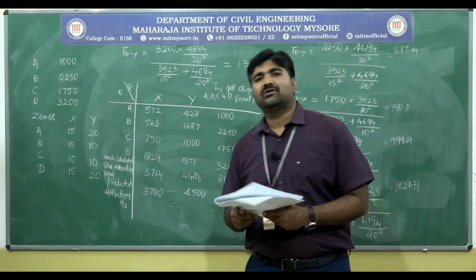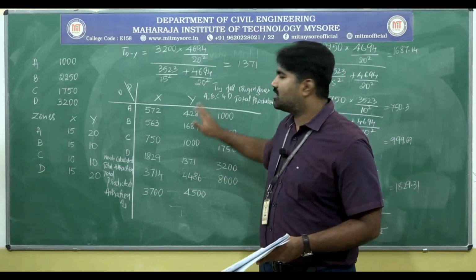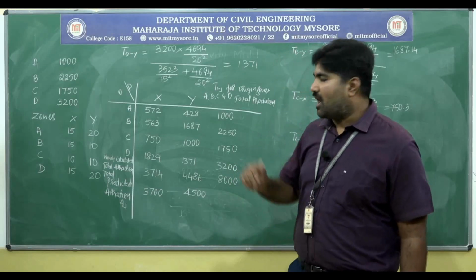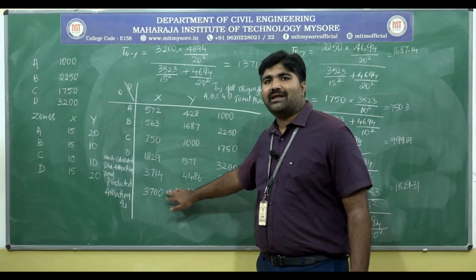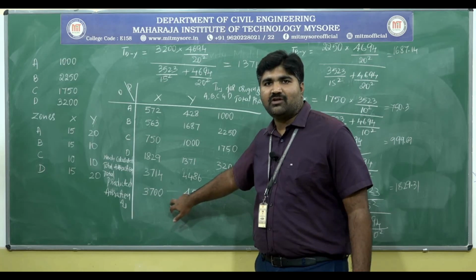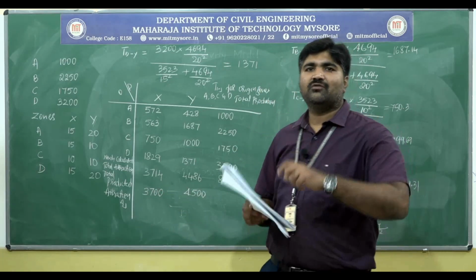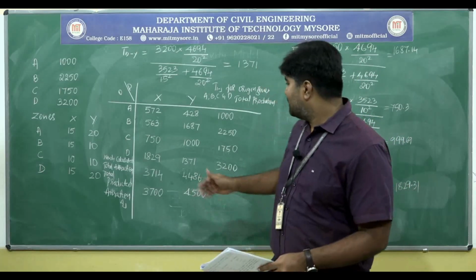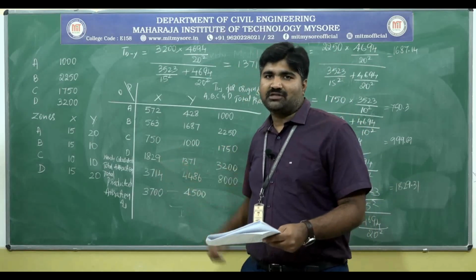In the exam, you have to do a minimum of 2 iterations. After doing 2 iterations, if the results are not tallying exactly with the predicted value, at last you have to write one sentence, meaning that further iteration is needed to get more accuracy.